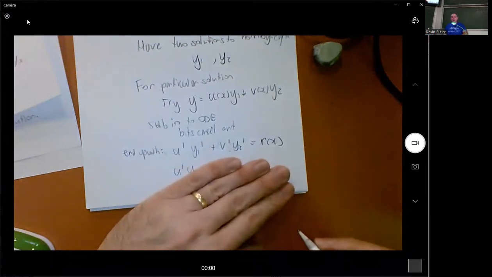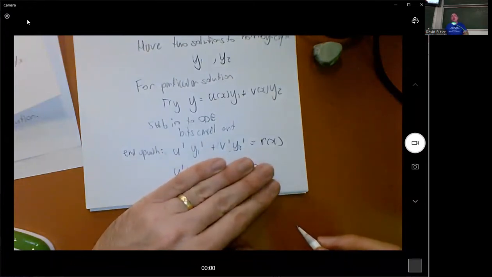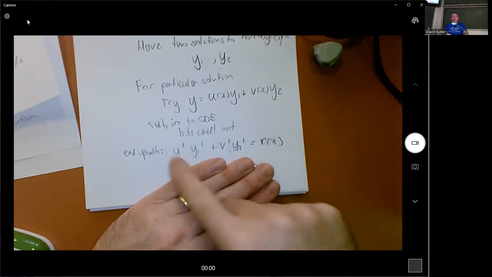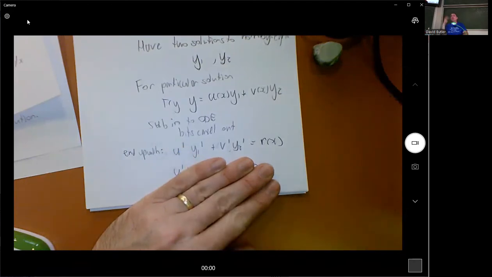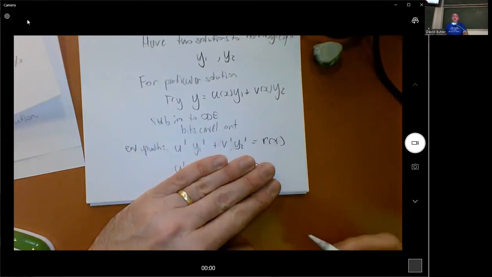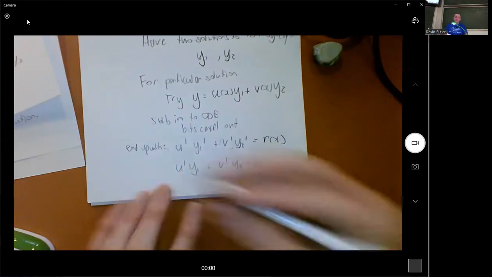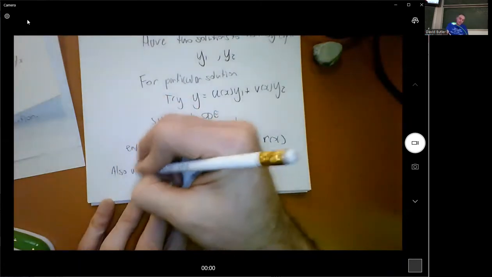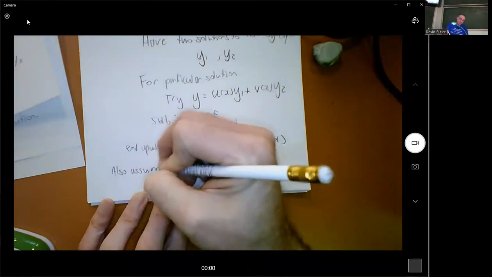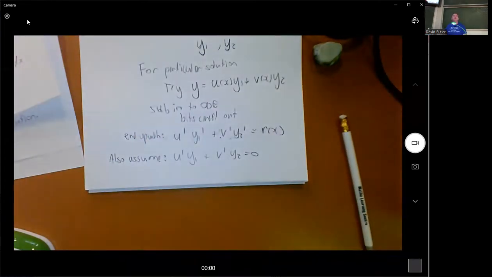And that's not enough information to figure out what u and v are, even if I call u dashed and v dashed something else. And so we're going to assume extra that this is also true. Also assume this, out of nowhere, just because.